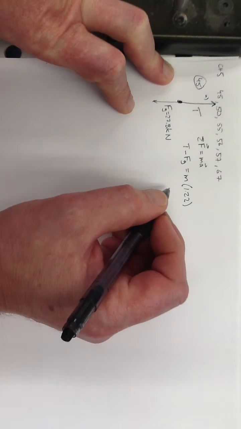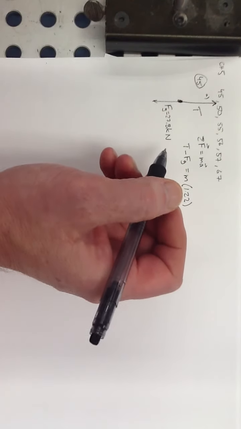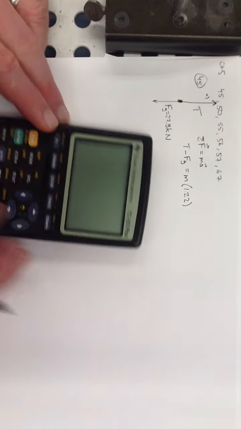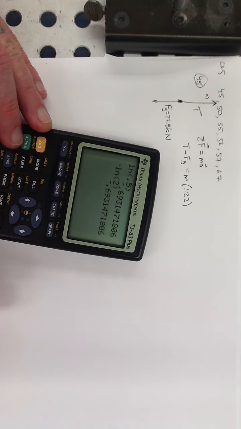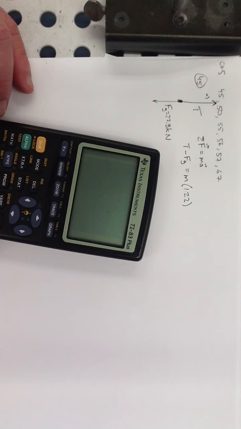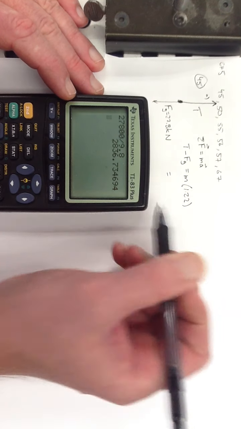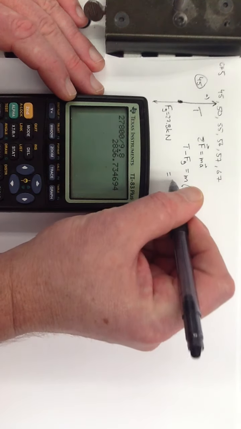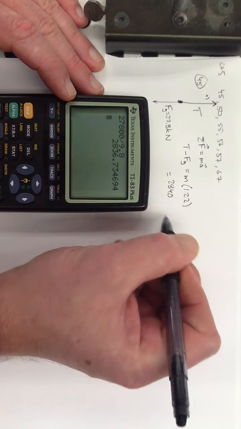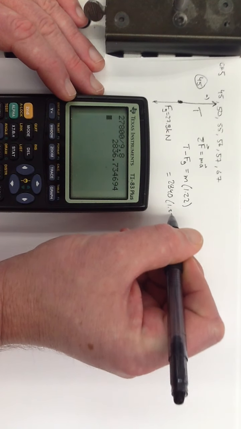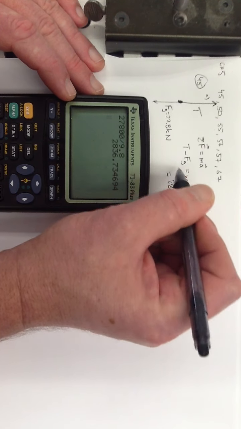Okay, and the mass of this, I would have to divide this by 9.8, so 27,800 divided by 9.8 is about, let's call that 2840. Sticking with 3 sig figs in this problem.